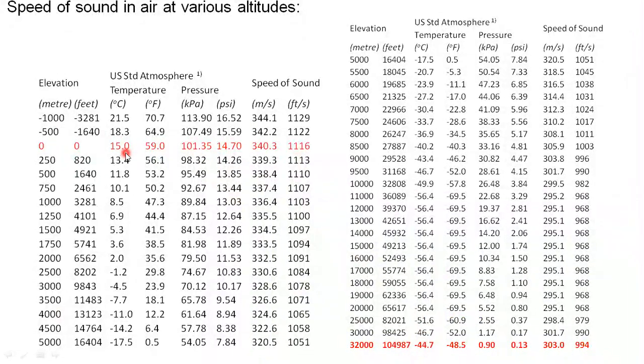Okay, at sea level, the average temperature of air is 15 degrees centigrade. So you can see here the temperatures are in negative values as you go higher into the air. So always in the numerical, you have to convert temperatures from degree centigrade to Kelvin.